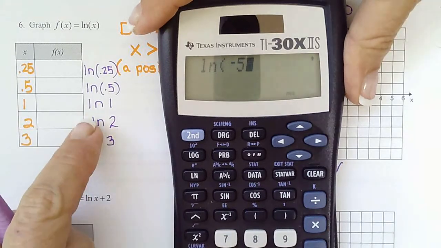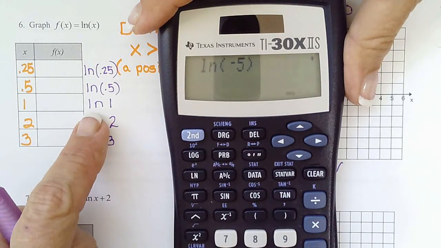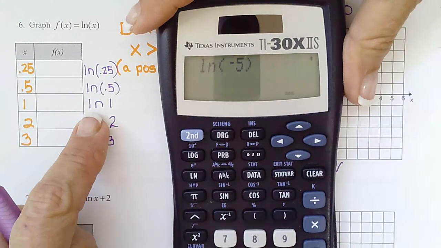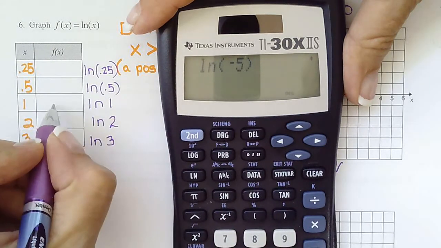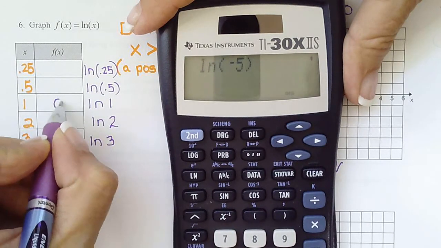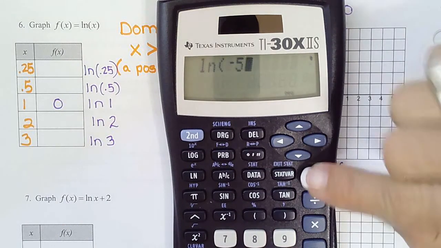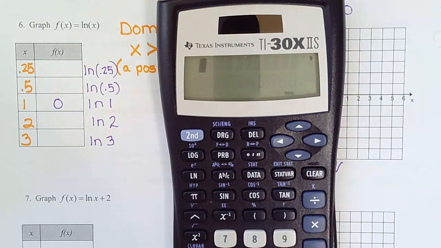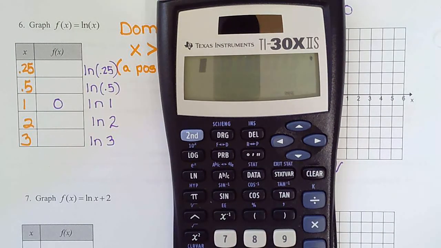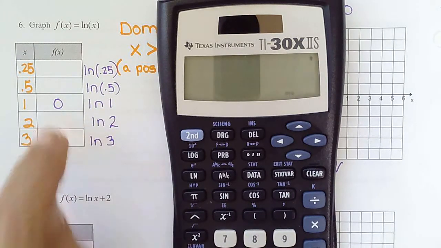And if you remember, we said the log of 1 is 0, no matter what the base is. This is a base e, so I already know this one's going to come out 0. So the natural log, or the log of 1, no matter whether it's log base e, log base 10, log base 6, log base elephant, the log of 1 is always 0.